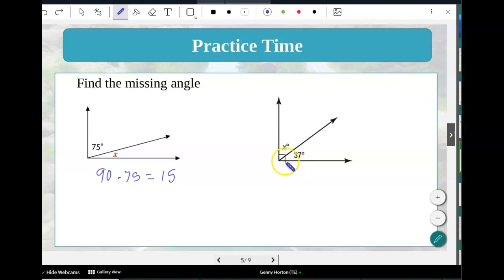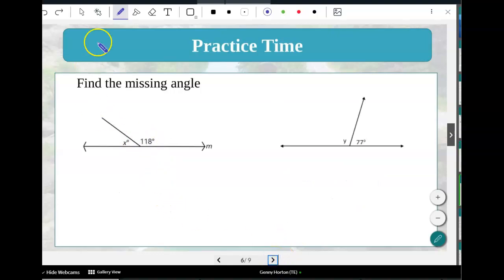And this second one here, you have 37, you're trying to figure out what x is. They add up to 90, so do 90 minus 37. And that's going to equal 53. So x is 53 degrees. I should have put that on the other one. And over here, x is 15 degrees. You always measure angles in degrees.